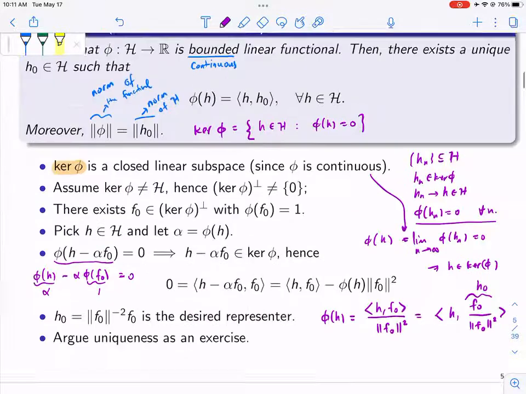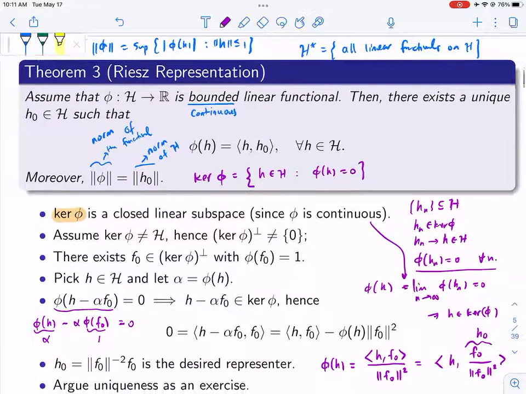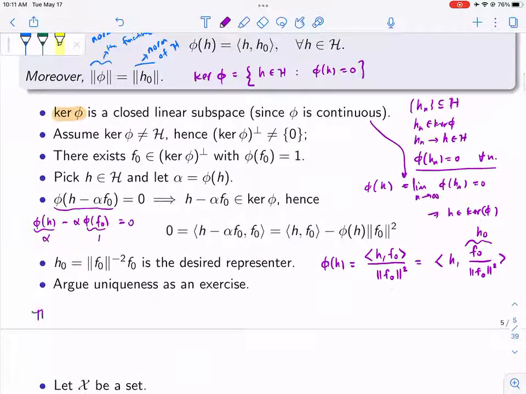This is called Riesz's representation theorem, and equivalently, theorem 3 implies that H star is isometrically isomorphic to H. Basically, the dual of a Hilbert space can be identified as a Hilbert space.